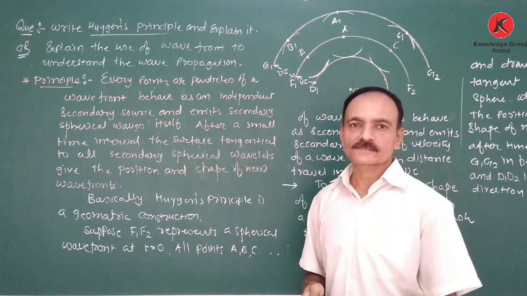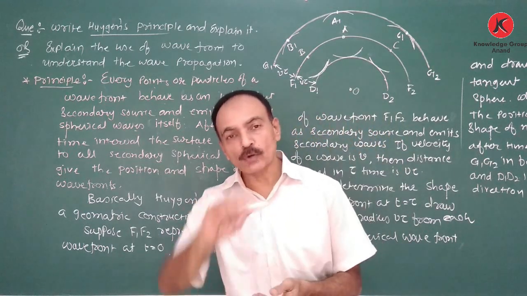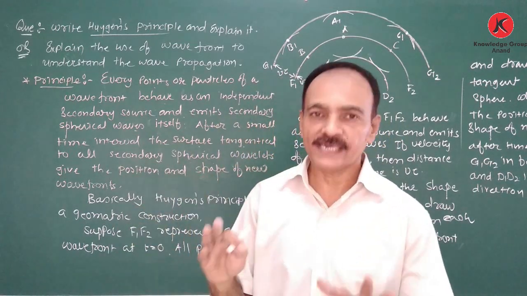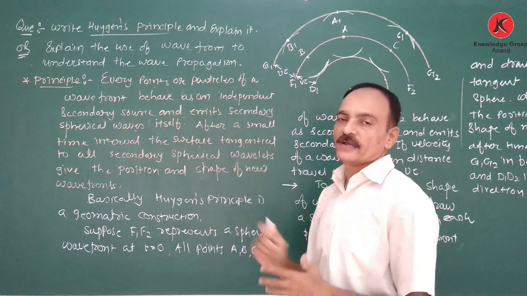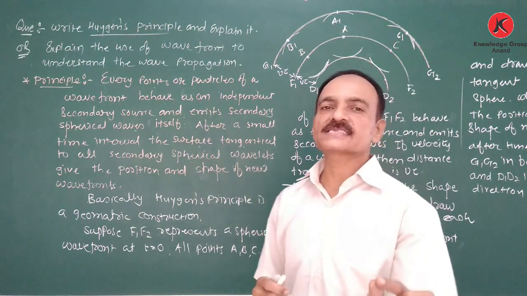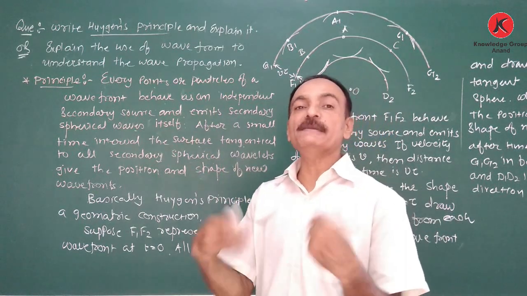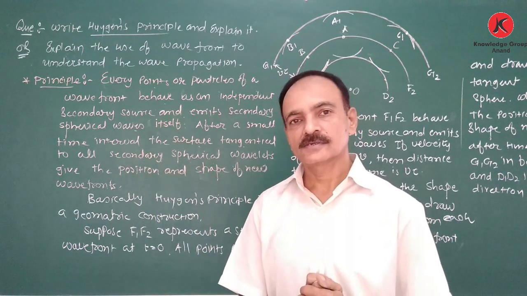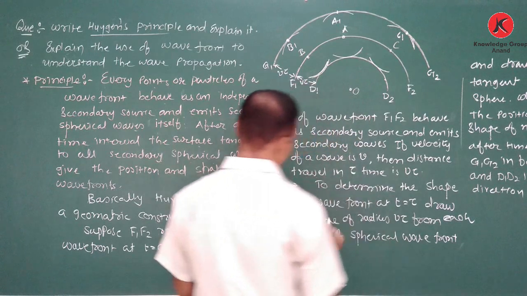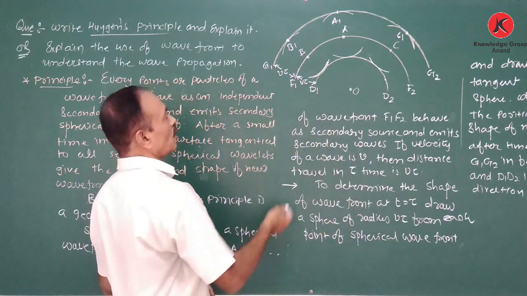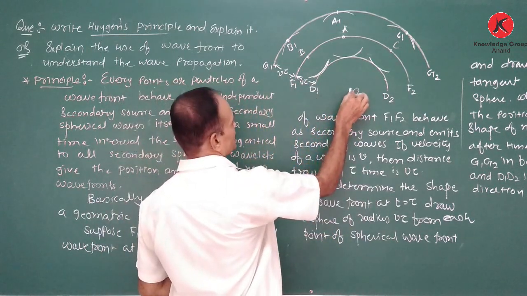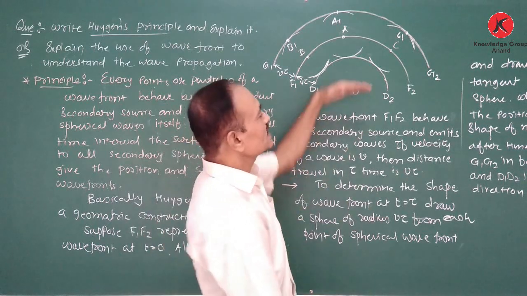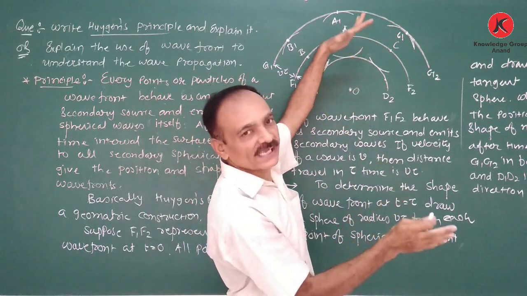In short, according to the Huygens principle, all the points on a wavefront behave as secondary sources and themselves emit secondary waves. Actually, what happens? Suppose a stone is dropped in water. The disturbance is propagated in all directions.